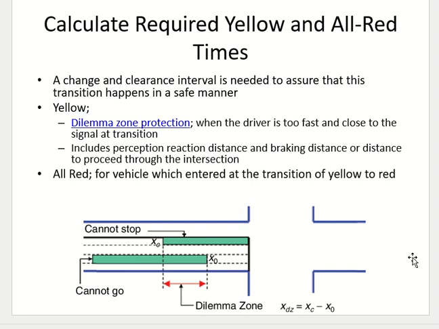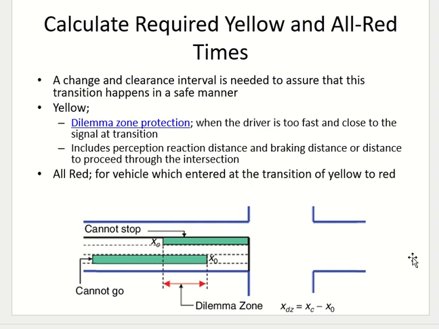So yellow and all red, their total should be enough for a driver who is in this zone to reach the other side. What does it include? This includes the perception reaction distance plus the braking distance.